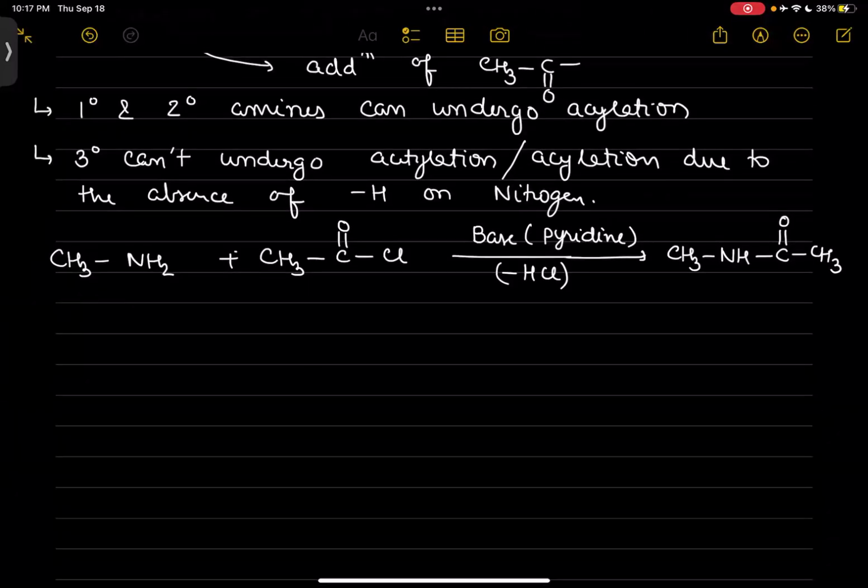How are you going to do it? Write it like this. Make this CH3COCl appear in the reverse manner. Remove HCl. Got it?